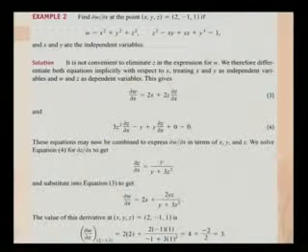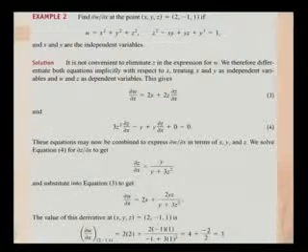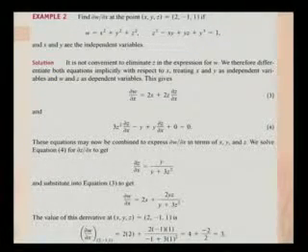We therefore differentiate both equations implicitly with respect to x, treating x and y as independent variables and w and z as dependent variables. This gives us del w by del x is equal to 2x.